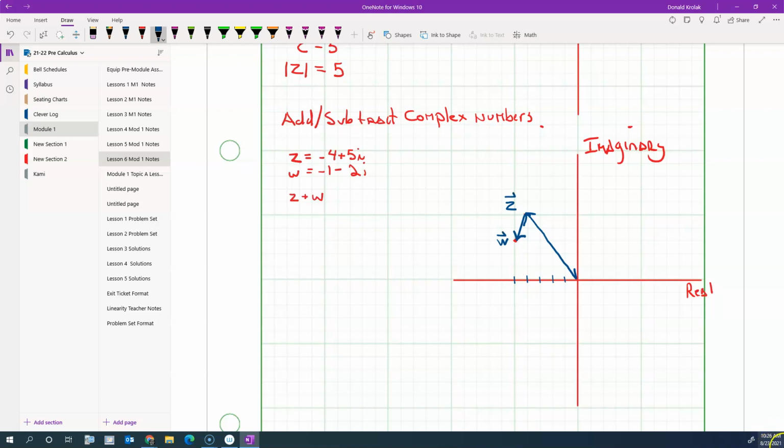Now you notice how I put that little half arrow on the top? That's just a notation; the half arrow just means it is a vector. From there, your answer is from the origin to wherever you finished. That is z plus w.